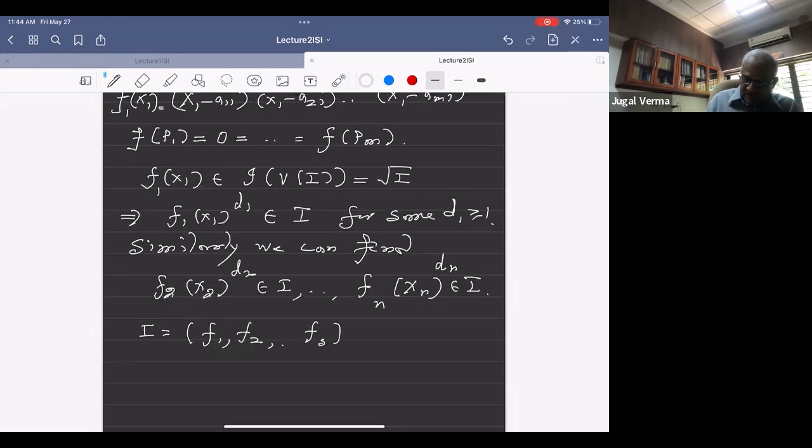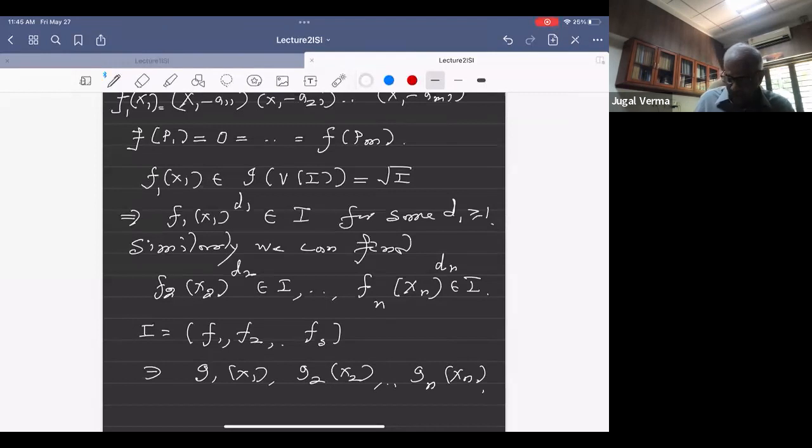But what we have found is, if V(I) is finite, then the ideal I contains pure polynomials: one polynomial in x1, another polynomial just in x2, etc. So this ideal I contains some polynomial, say g1 in x1 alone, and another polynomial in x2 alone, and another polynomial in xn alone. So this ideal contains such polynomials if V(I) is finite.